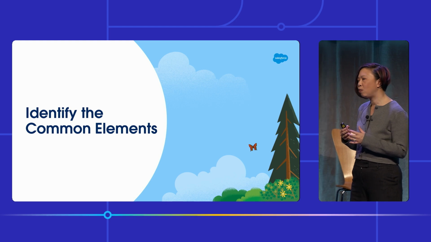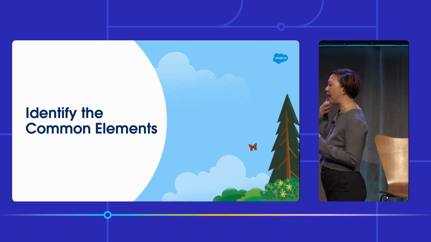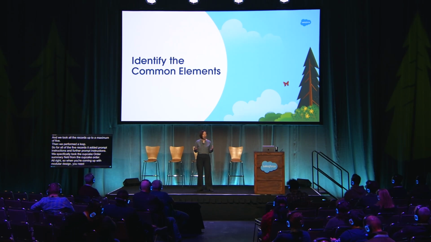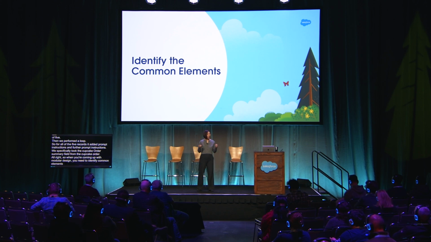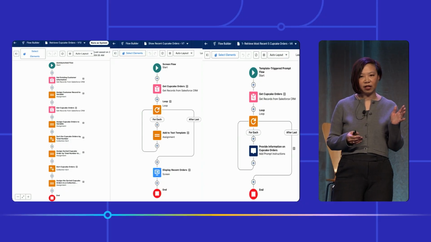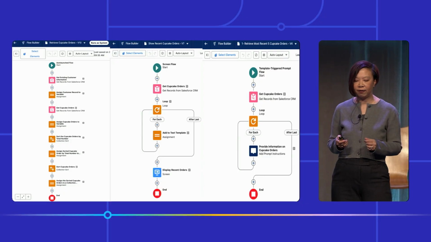All right, so when you're coming up with modular design, you need to identify common elements to figure out what you should build as something that's modular. So here are side by side the 3 flows that I walked through representing the 3 different scenarios that we have.